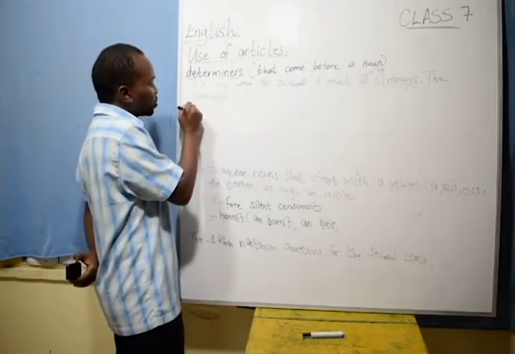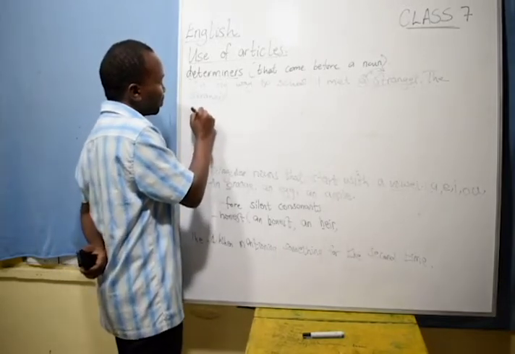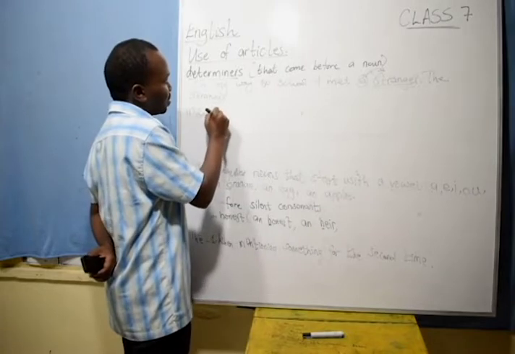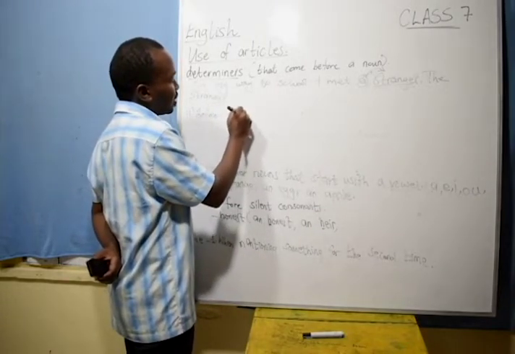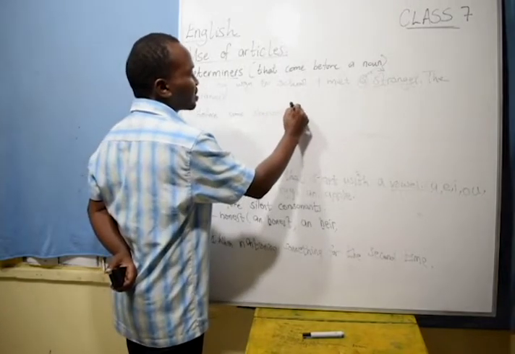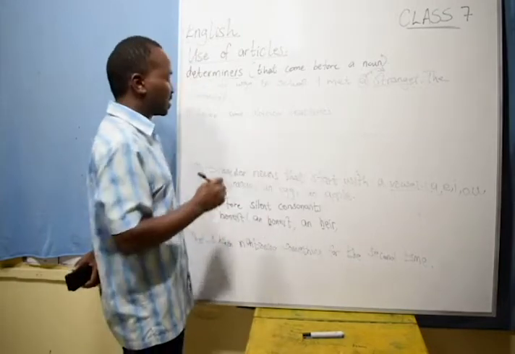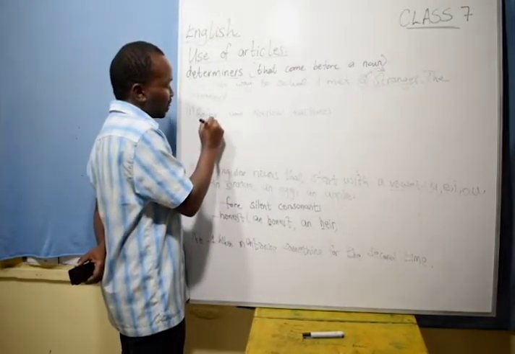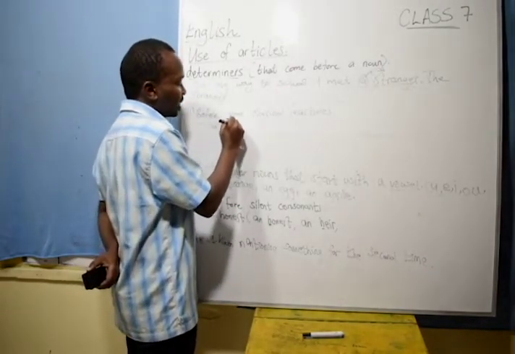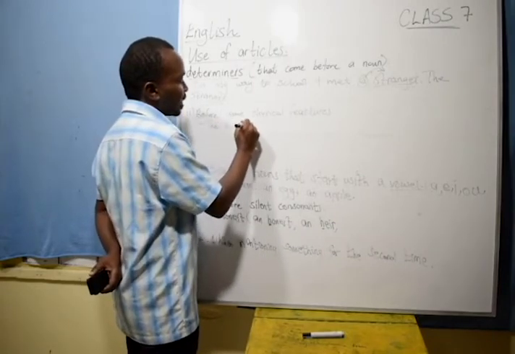Another way that we use the article the is before the names of some physical features. For example, you can talk about the river Nile.